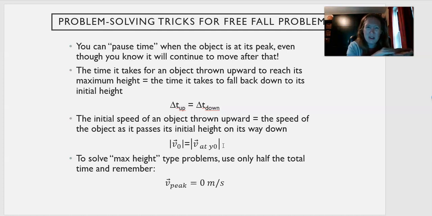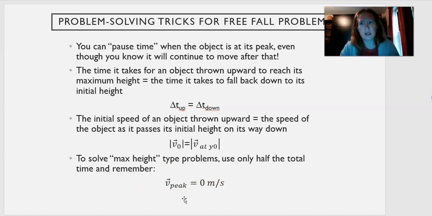Remember, speed is absolute value of velocity. Now it has changed direction. So if we're talking about velocity, maybe it started with a positive velocity and then it smacks into your hand with a negative velocity. Same magnitude, different sign.